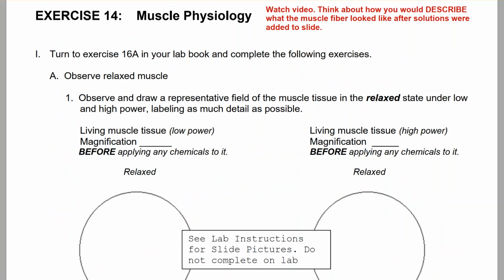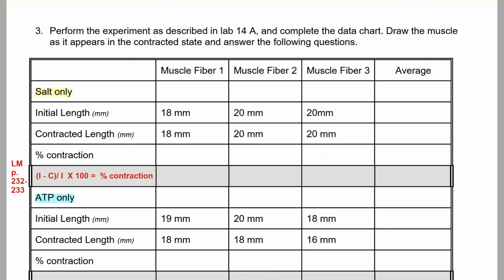And so the first part of this, if we were in the lab, you would be looking at tissue and doing this and drawing some little drawings, but you don't have to draw anything on this page for me. Just kind of be aware this whole page is about watching the video and thinking about what contraction looks like visually so you can describe it. The last portion is you are given data.